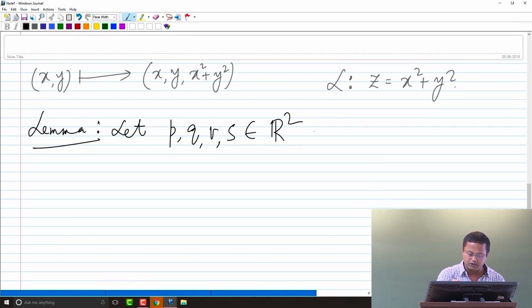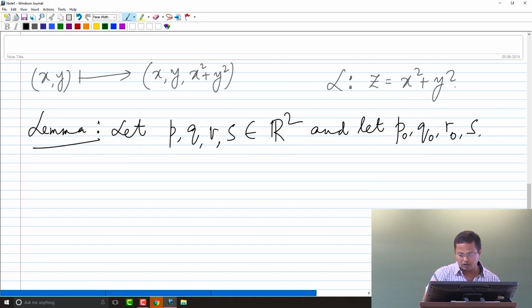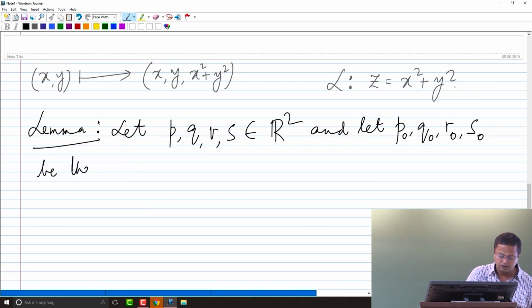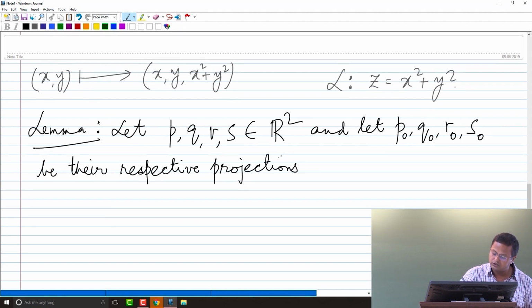So, let us make this assumption and let P naught, Q naught, R naught, S naught be their respective projections on L.